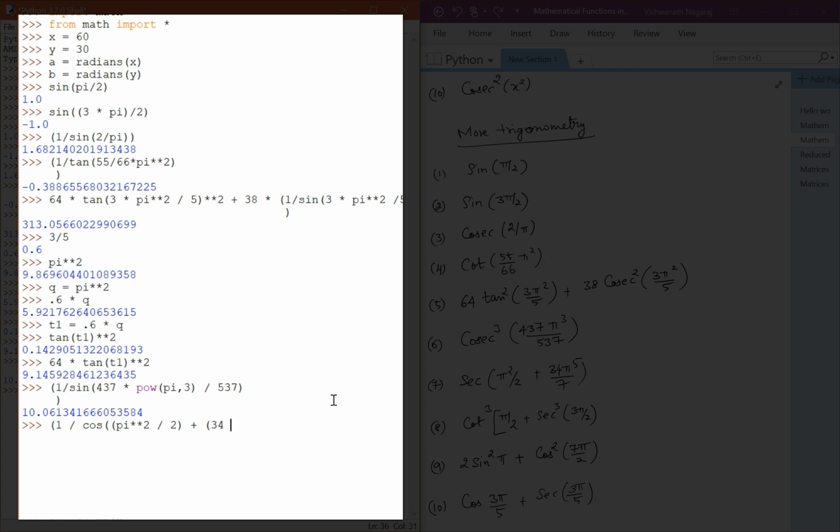So 34 times power of 5 comma 5 by 7. Again we can use brackets to group them, and divided by 7. Yes, I have done that. Closing bracket. Again one more closing.